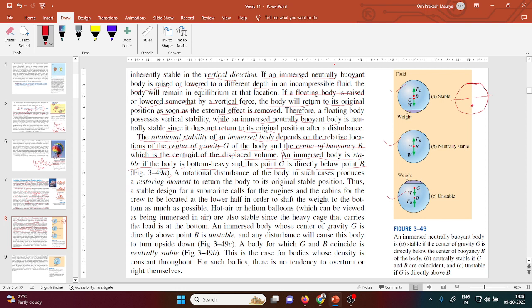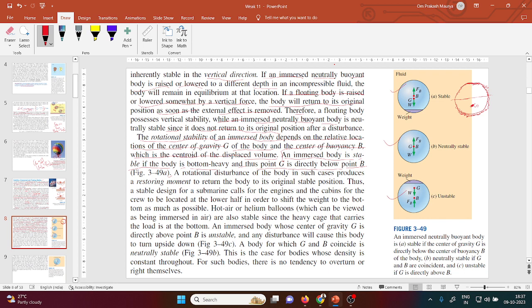You will put more dense material in the bottom than above. If you design like that, your center of gravity will be below.